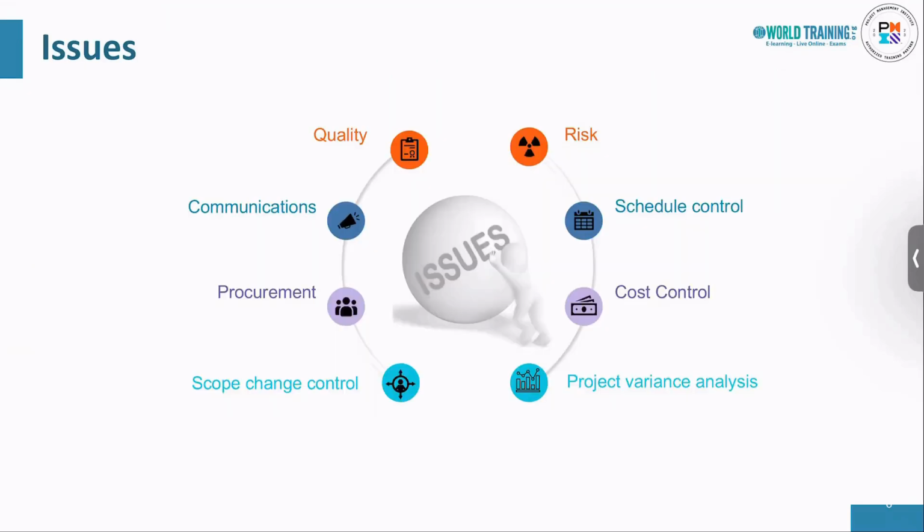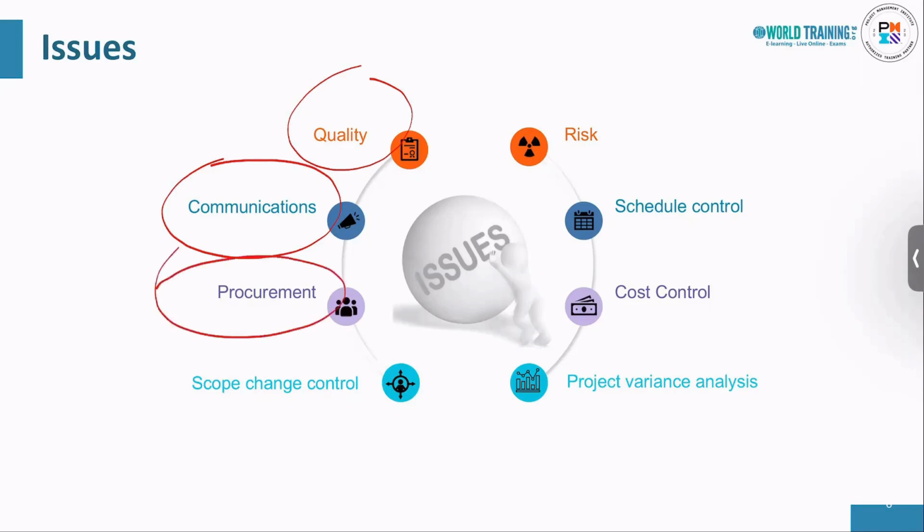Issues could be relevant to various areas of the project. There could be quality-related issues. There could be communications-related issues, like miscommunication, half communication, any misunderstanding. There could be issues with regards to procurements. So problems could be relevant to procurement as well, for example, delayed deliveries.